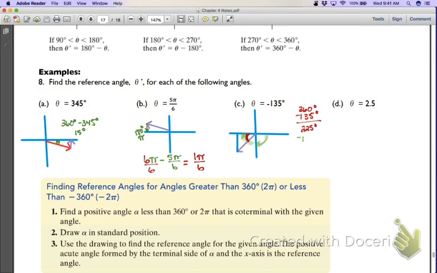So I'm going to subtract 180. That's going to be the same thing as 45 degrees. Because this is 180. So going in a negative direction is going to be the same thing as going in a positive direction as well.